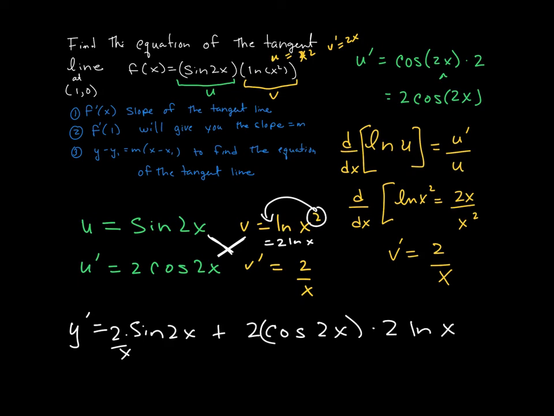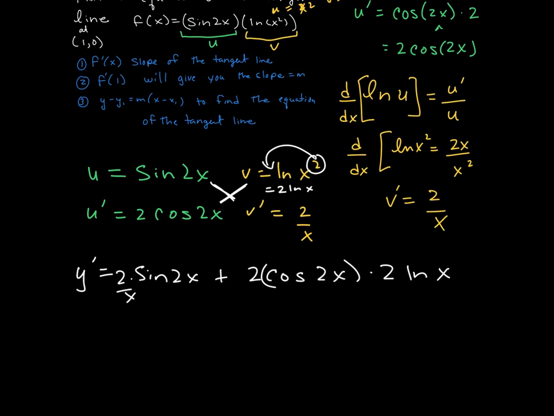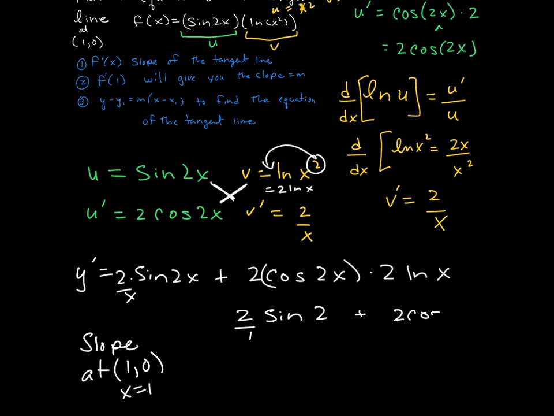Now, for the first derivative test, we want to go ahead and plug in 1 everywhere we have x. So the slope at 1, 0, let x equal to 1, and I get 2 over 1 times the sine of 2 plus 2 cosine of 2 times 2 the natural log of 1.